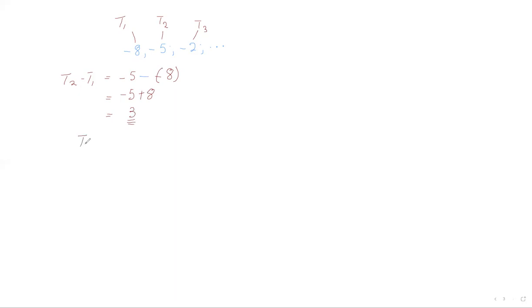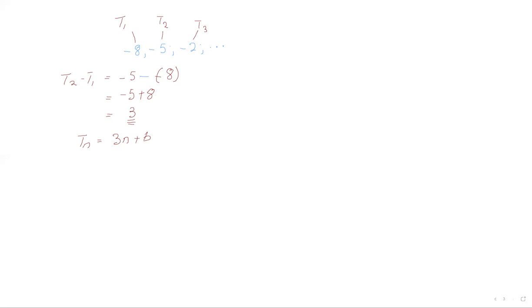So the nth term can be written as 3n plus b. Now, here -2 is the third term. We can also use -5.